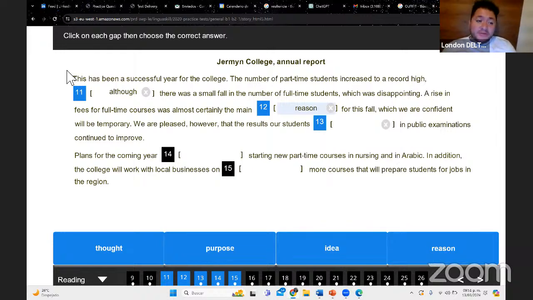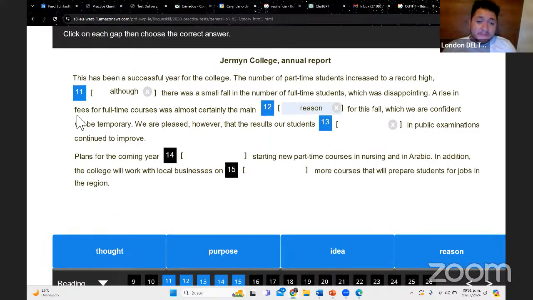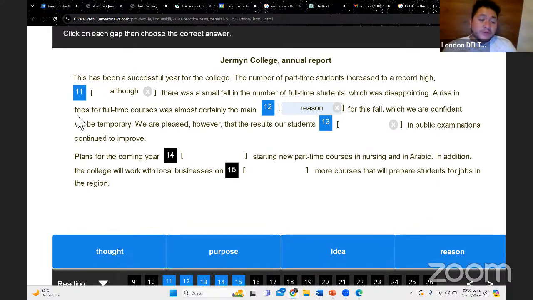Un incremento en las colegiaturas, fees, for full-time courses, para los cursos de tiempo completo, was almost certainly, fue casi completamente seguro, o casi seguro, la principal razón. Okay. So no, not idea, right? The main idea, la principal idea, la principal razón, right?